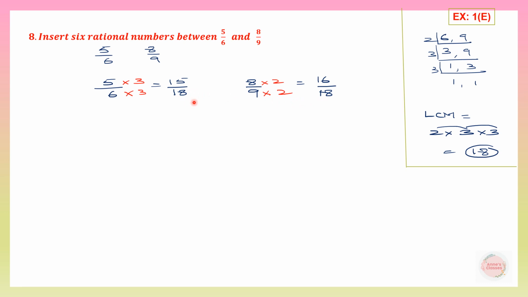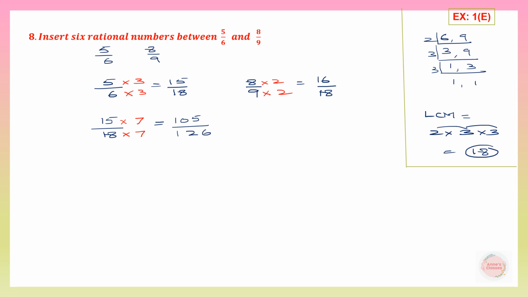Now we have to find the rational numbers between 15 by 18 and 16 by 18, and we need to get 6. So take the first rational number 15 by 18 and multiply both by 7. Why 7? If we have to find 6 rational numbers, we have to multiply by 1 more, that is 6 plus 1, 7. So now let's multiply both and see what we get. 15 into 7 is 105 and 18 into 7 is 126.